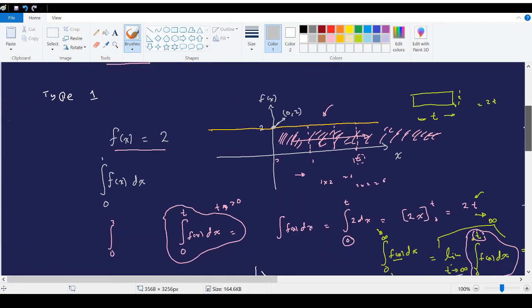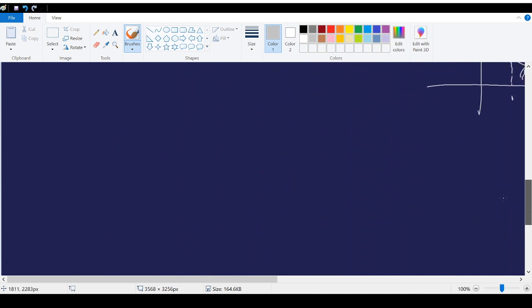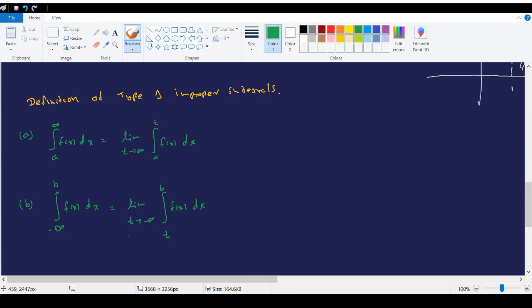Now I am going to tell you the exact definition of the type 1 improper integrals. When it comes to the definition, type 1 refers to infinity at the limit point, right? If you have infinity as an upper limit or as a lower limit, we consider that integral as an improper integral of type 1.